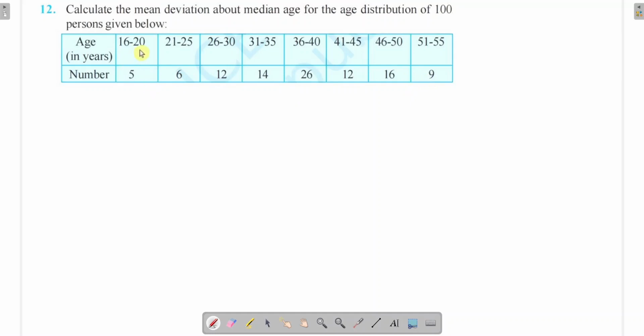Now you can see that this is not a continuous frequency distribution, because if you look at the first class interval, it is from 16 to 20, then 21 to 25, so the second class interval should have been starting with 20, right? So we have to first make these class intervals into continuous frequency distribution.